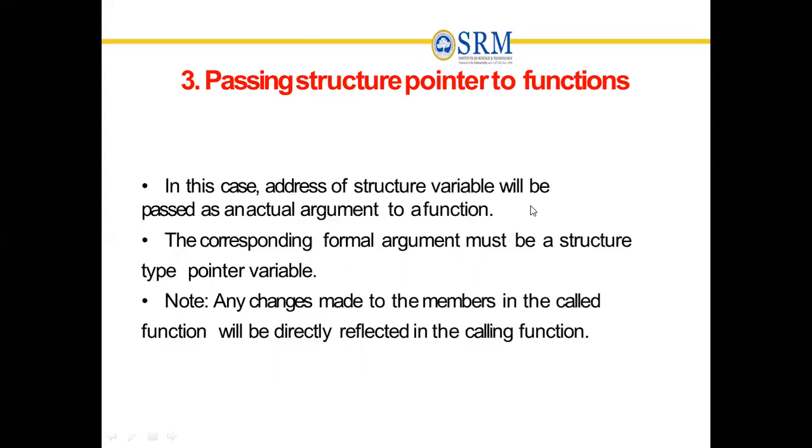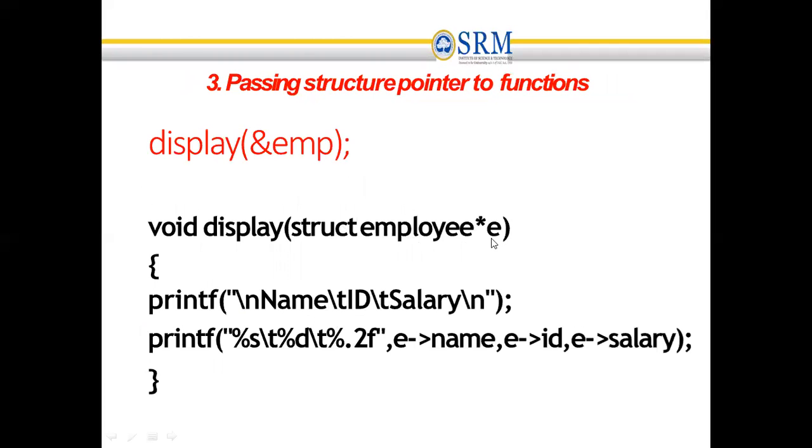In this case, the structure variable can be passed as an actual argument to a function. Similar to the previous example, but here you have to know the syntax. Since you are passing the address of the structure instance, you have to prefix the ampersand. In the function definition, in the formal argument, you have to mention a pointer type variable.